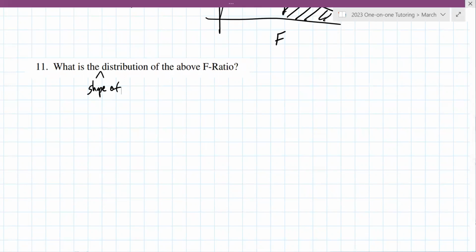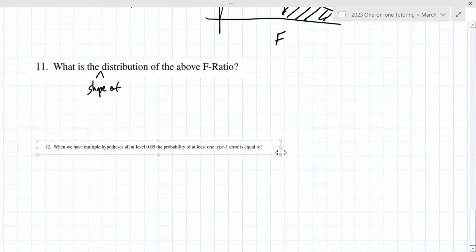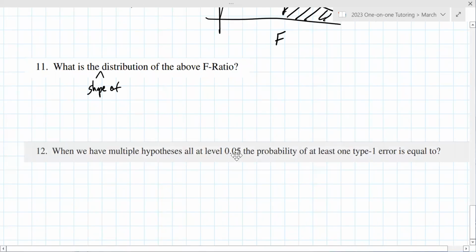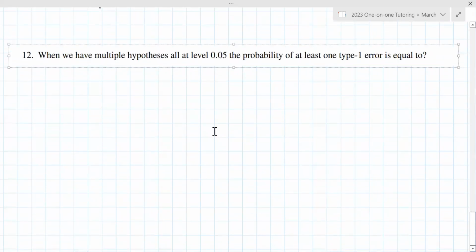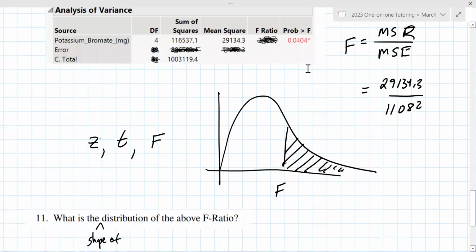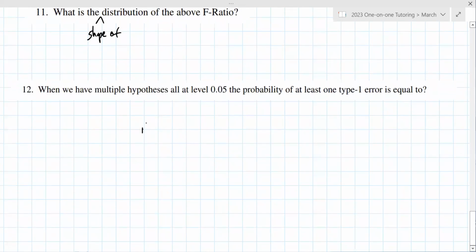But then, when we have multiple hypotheses all at level 0.05, the probability of at least one type 1 error is equal to that one we didn't do in class and I'm confused on. So the overarching thing is, this is just review: if your p-value is less than alpha, you reject H0.